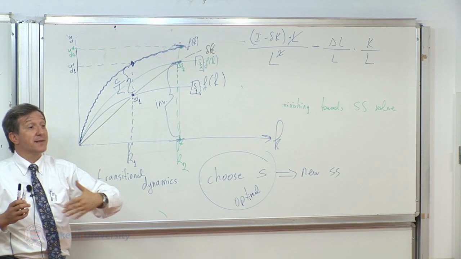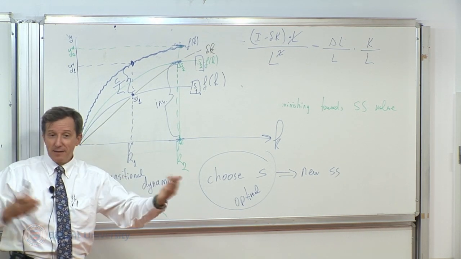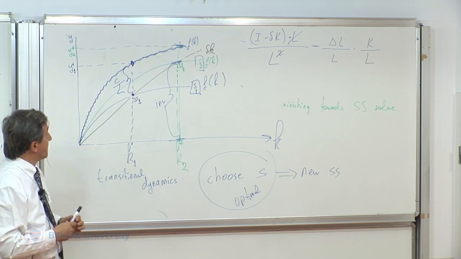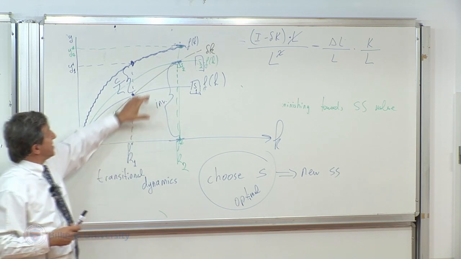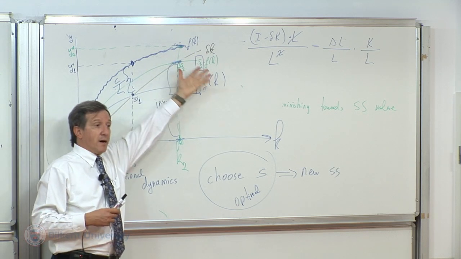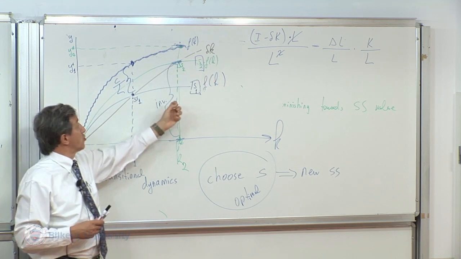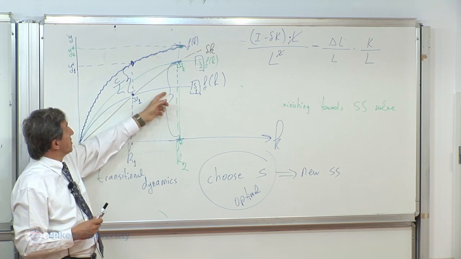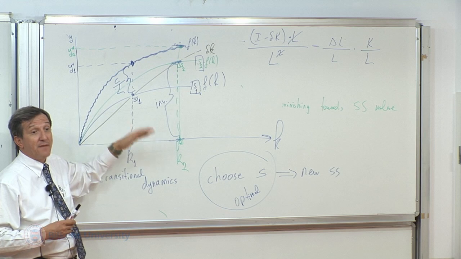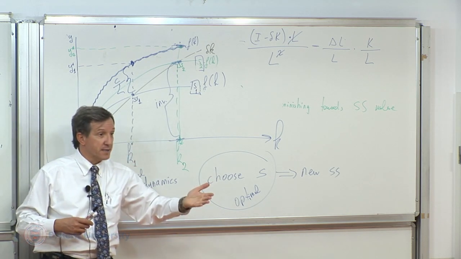And if capital is internationally mobile, something we haven't assumed in this simple model, then the excess savings will flow out of the high saving country to low saving countries, because at the respective steady states, they will still have higher opportunities.